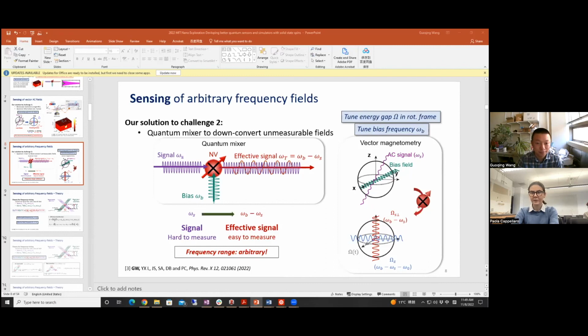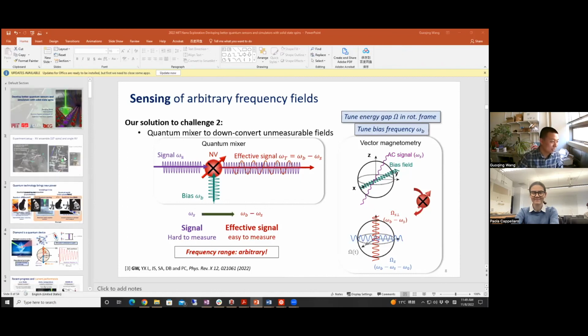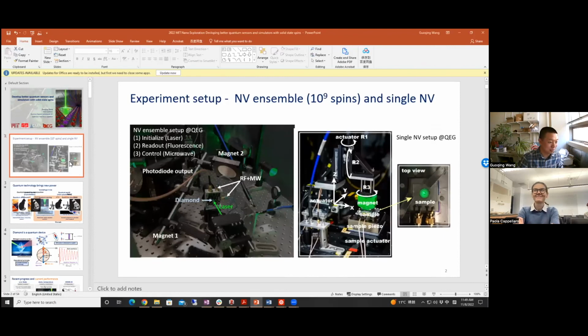Okay. I think we have another question from Mani Chandra. Go ahead. Thank you. Just wondering, how compact is your setup? What does it look like? Is it like a chip, or is it a whole tabletop situation? For our setup, the center of this picture is our diamond.